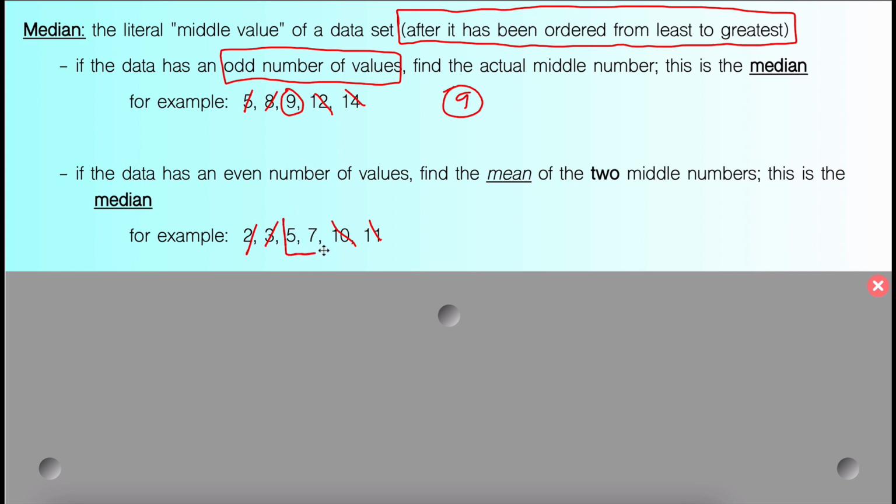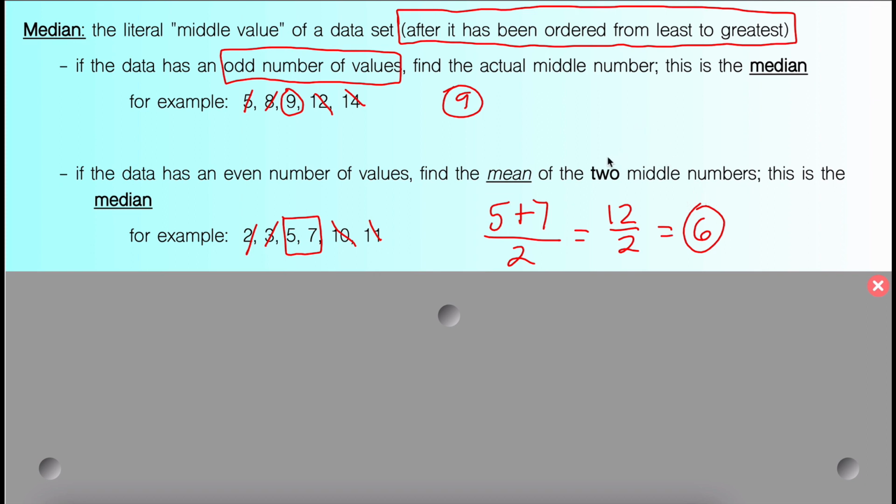So I'm going to put a little box around these 2 numbers. To find the median, the middle of this set of data, there's an extra step involved. What you're going to do is find the average of the 2 numbers in the middle. 5 plus 7 divided by 2, 12 divided by 2 is 6.